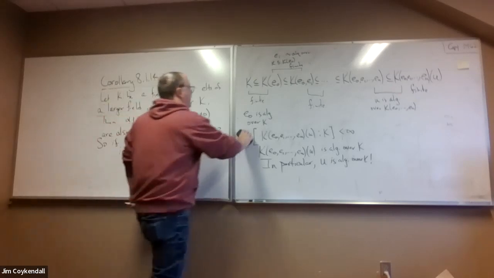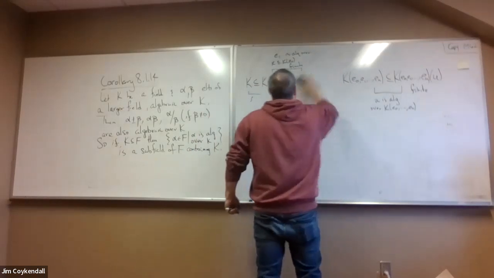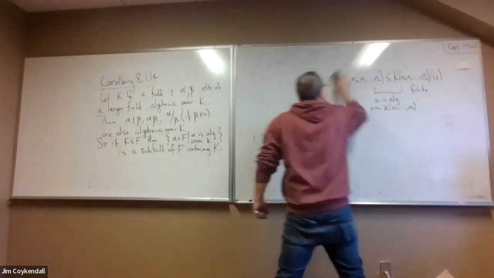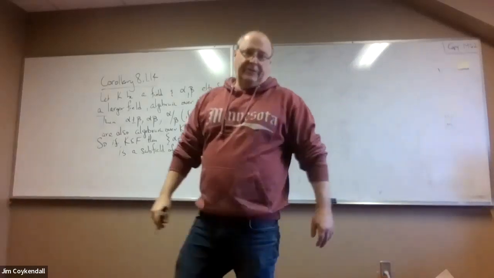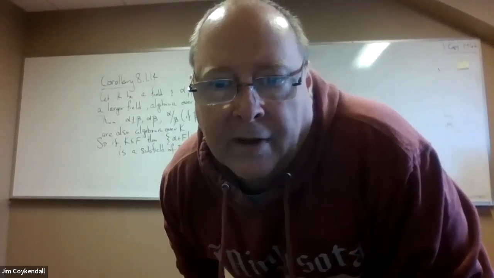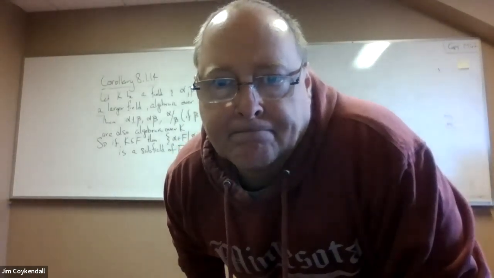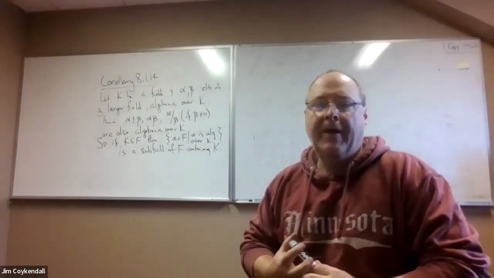In other words, algebraic elements are closed under addition, subtraction, multiplication, and division, as long as you're not dividing by zero. So the algebraic elements inside an extension F over K always form a subfield. Think about that.